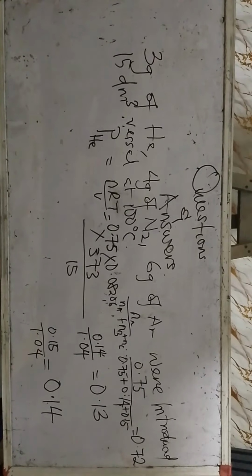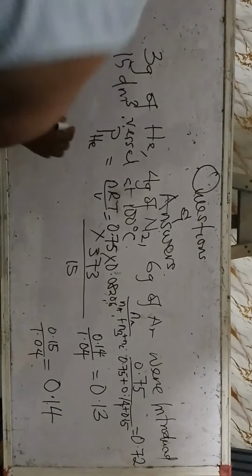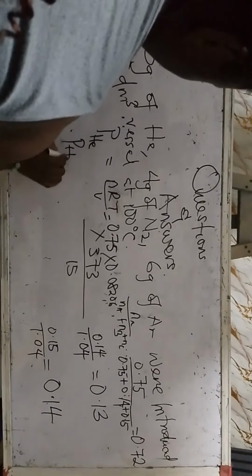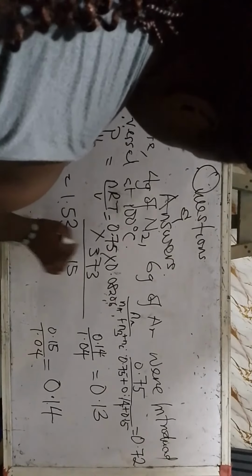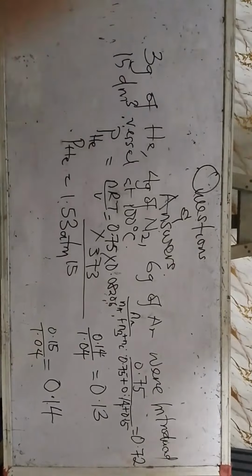So are we all sure that it's 1.53? So the partial pressure for helium is 1.53 atm.